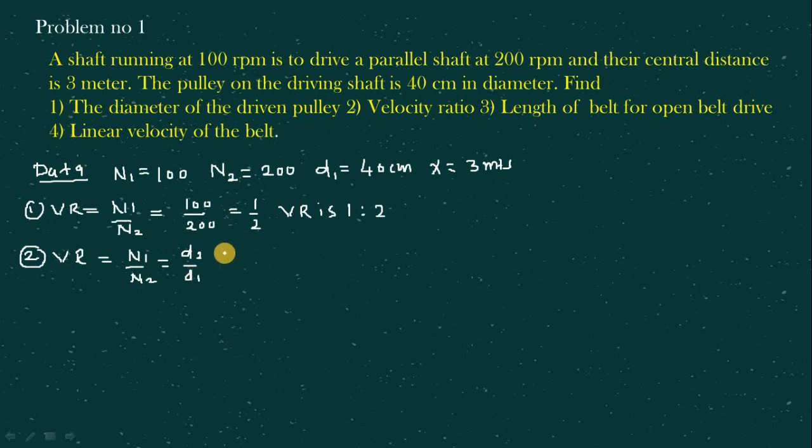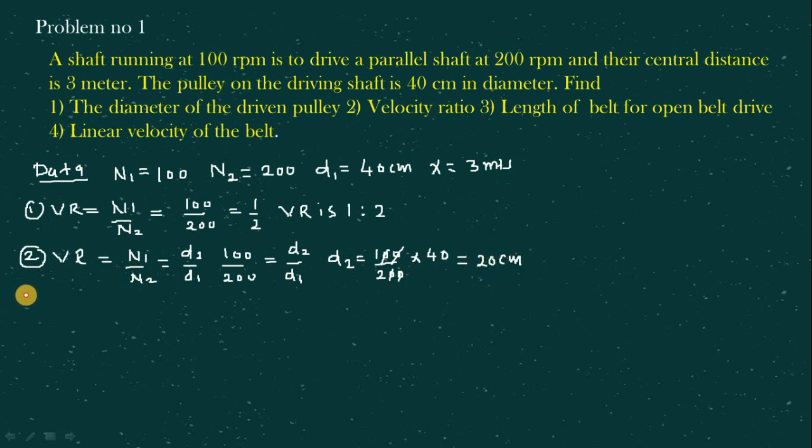So it is 100 divided by 200, which is equal to d2 by d1. Hence d2 is equal to 100 by 200 multiplied by d1, that is 40. These two cancel and d2 comes out to be 20 centimeters.